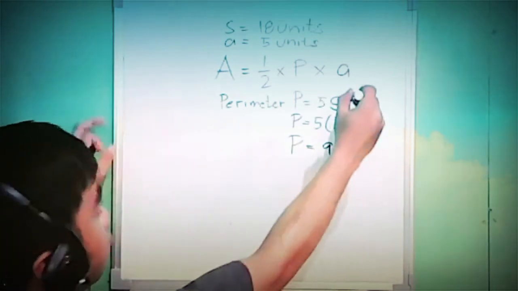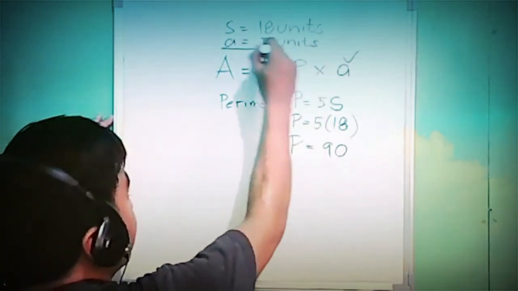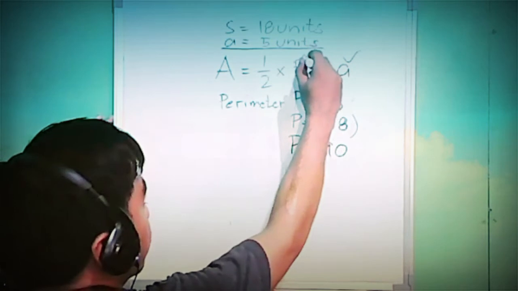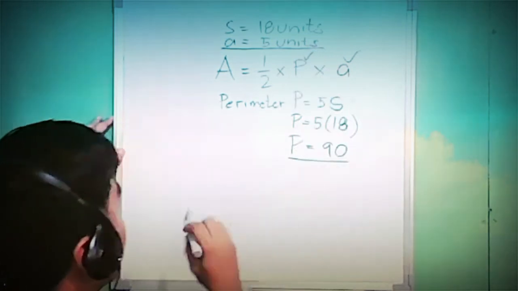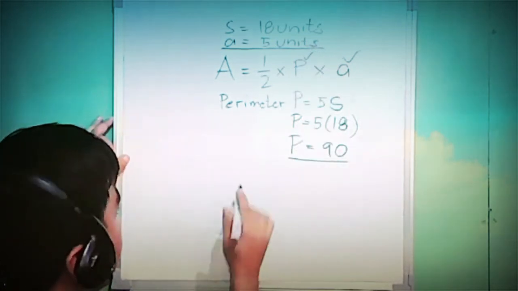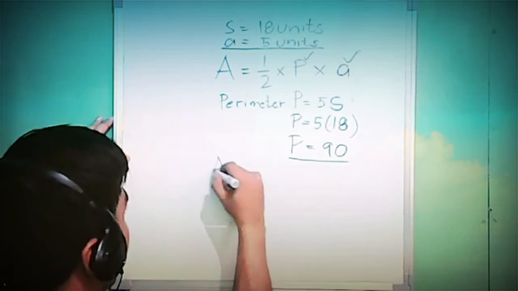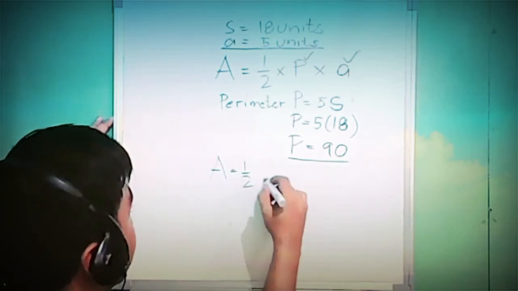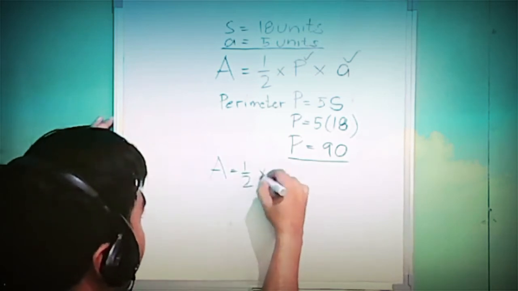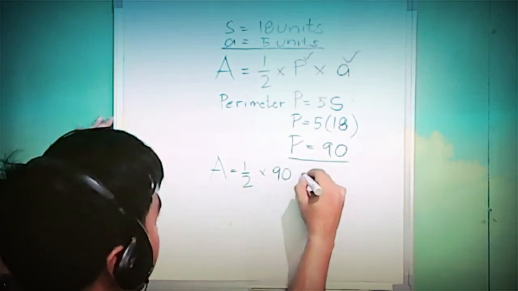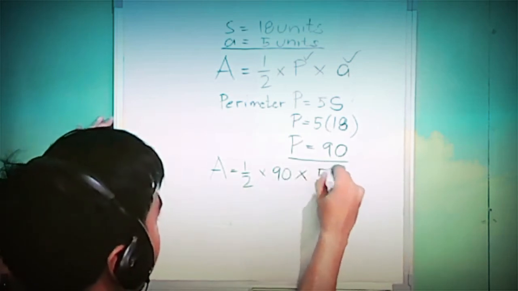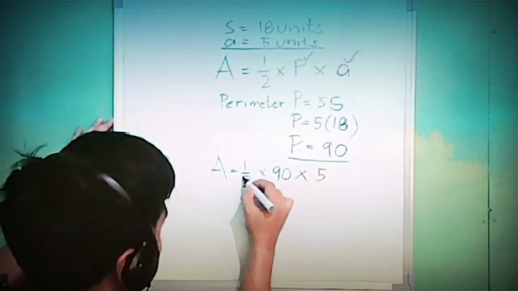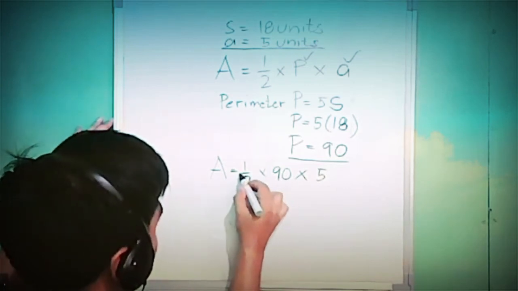So we have this value, and we also have the value of P. Let's substitute the values in the formula. A equals 1/2, the perimeter is 90, and the apothem is 5 units. Now let's multiply.